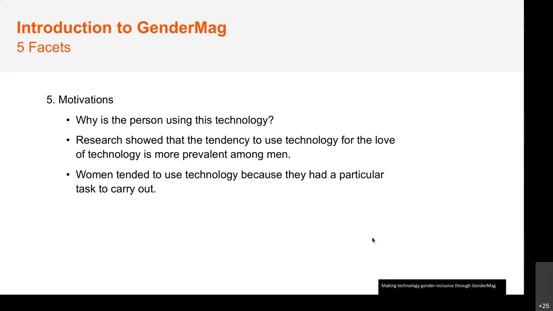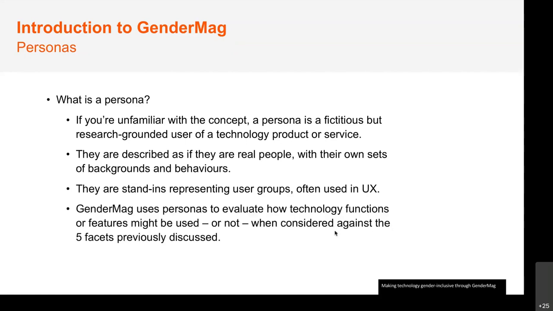Whereas women tended to use technology more because they had a particular task to carry out. They had a specific goal in mind that they wanted to achieve. Okay. So these were the 5 facets.